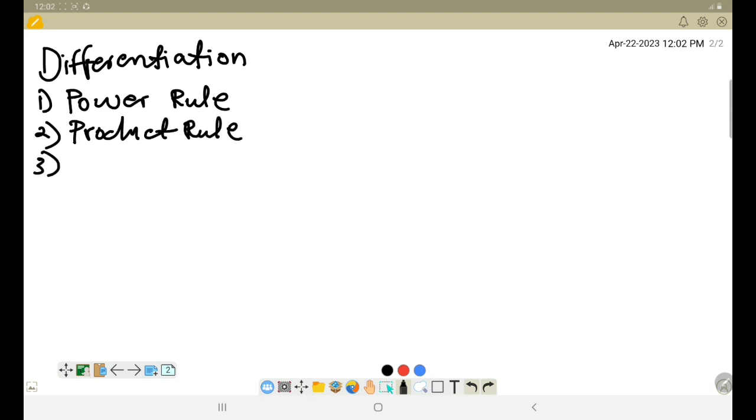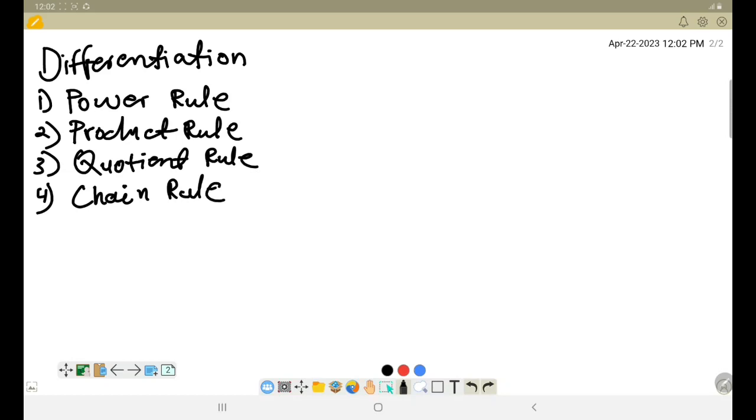And then we will look at quotient rule. And then lastly, we will look at chain rule.